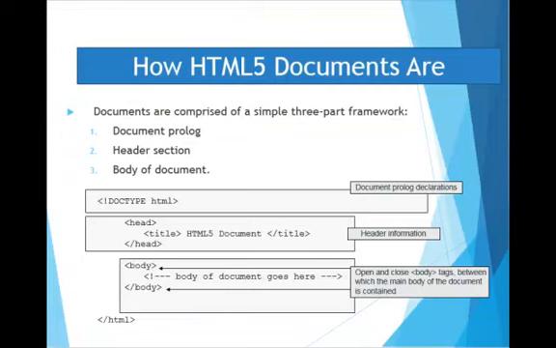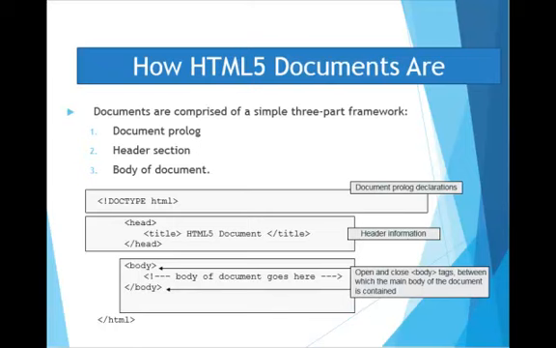HTML5 documents are comprised of three parts: the document prologue, the header section, and the body of the document. The HTML element is the root element of an HTML5 document, and within it every other element in the document is contained. If you recall the discussion in the videos on nesting of elements, it's very important that the document begins with this HTML start tag and ends with the /HTML end tag.